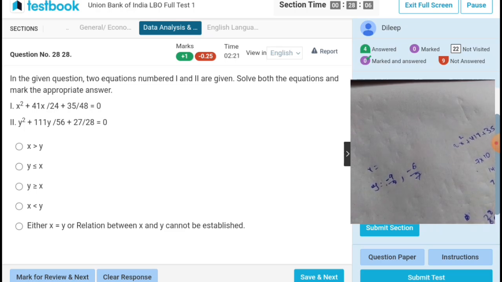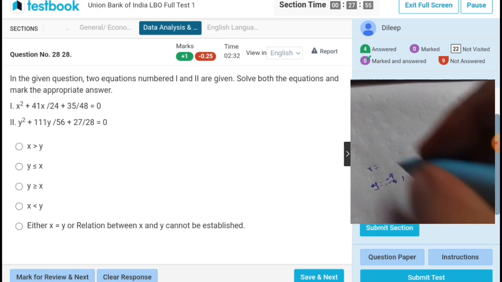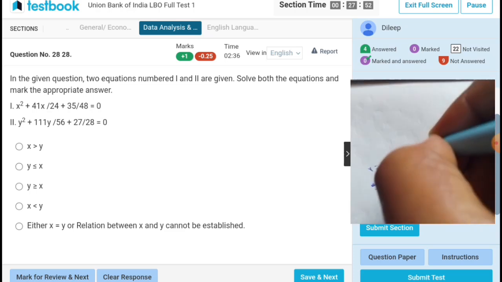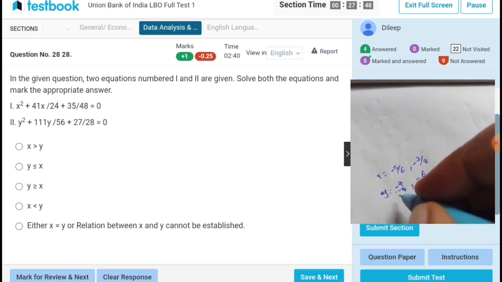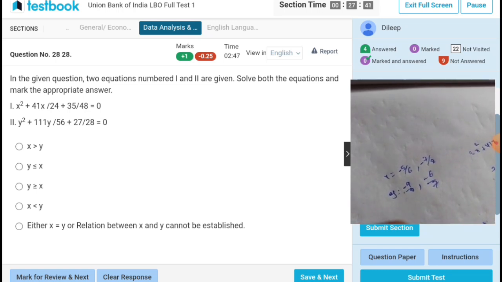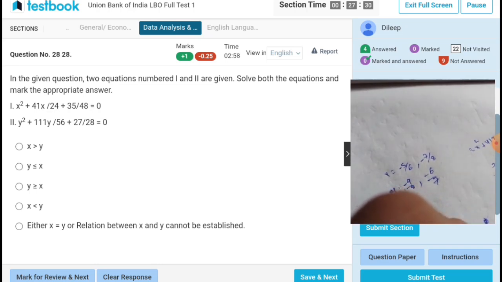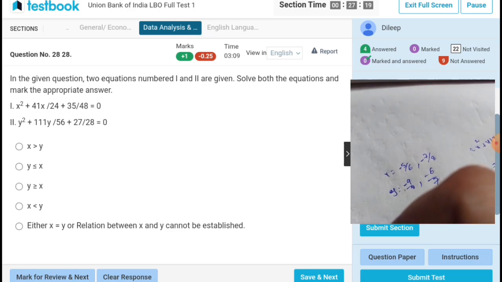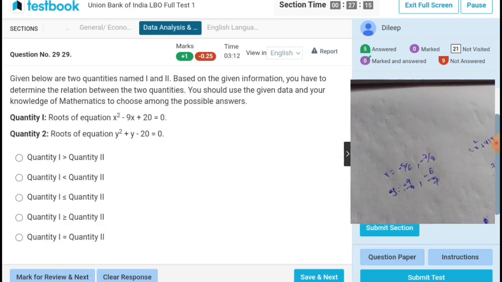48x square. So I think so x is greater than y.